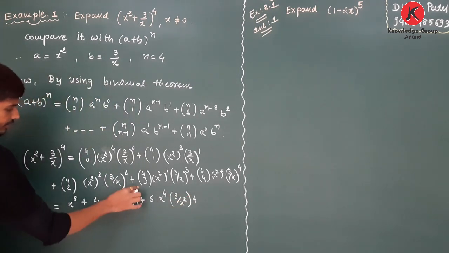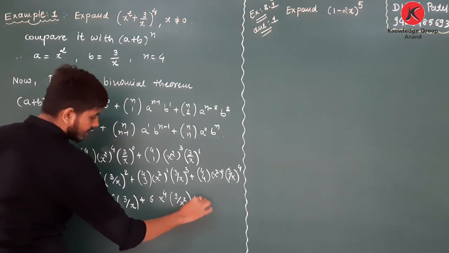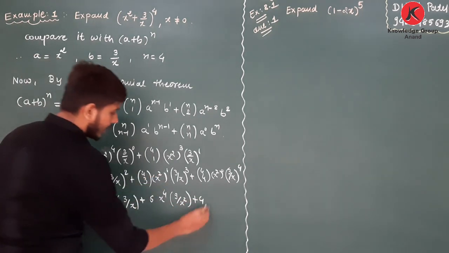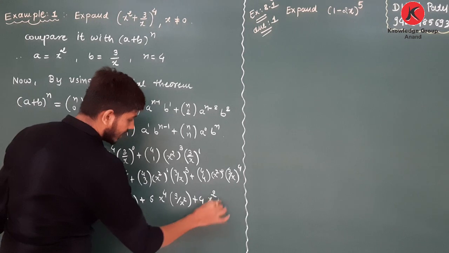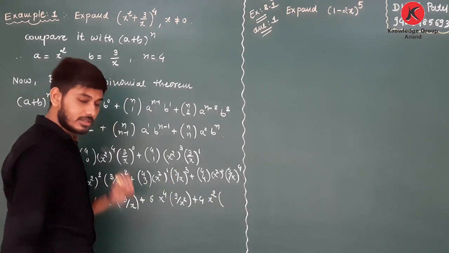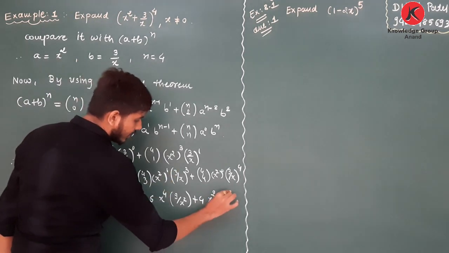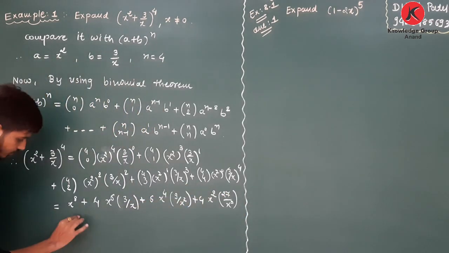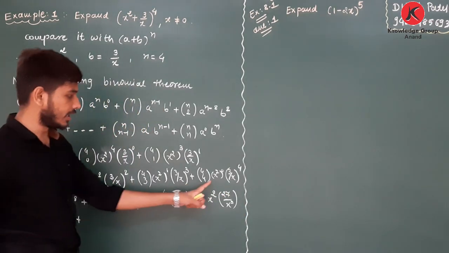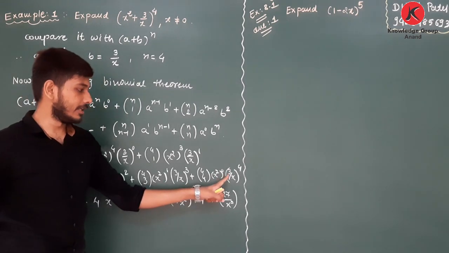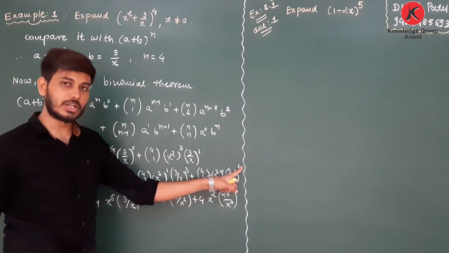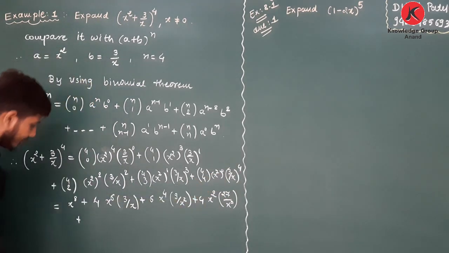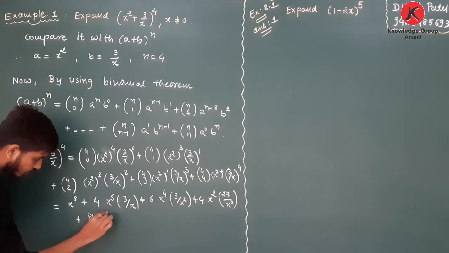Plus 4C3, answer is 4, (x^2)^1, that means x^2, into 3 cube, 27 divided by x^3 here. Plus 4C4, answer is 1, and 3^4 is 81 divided by x^4.